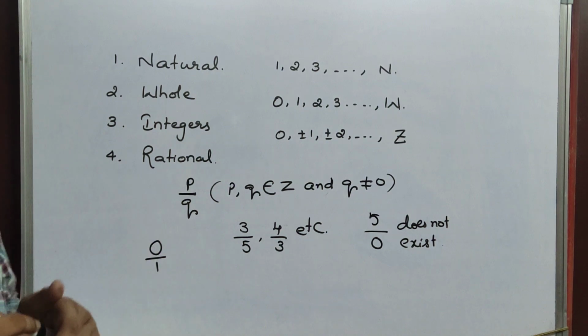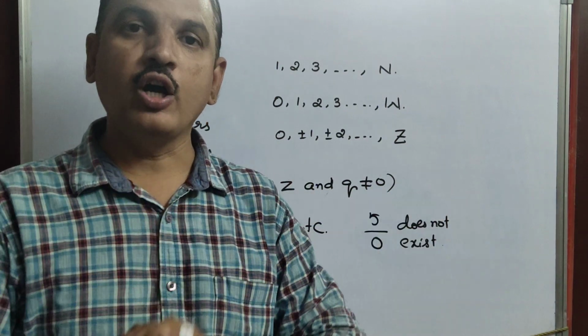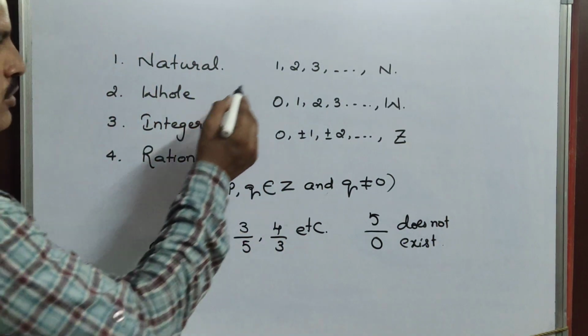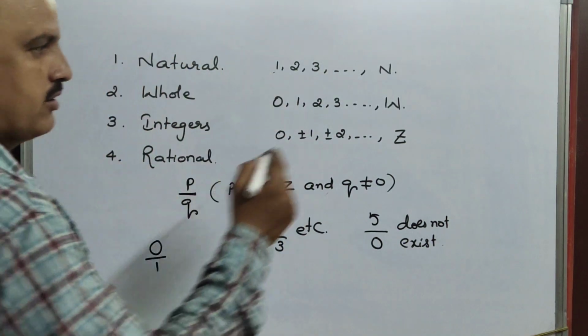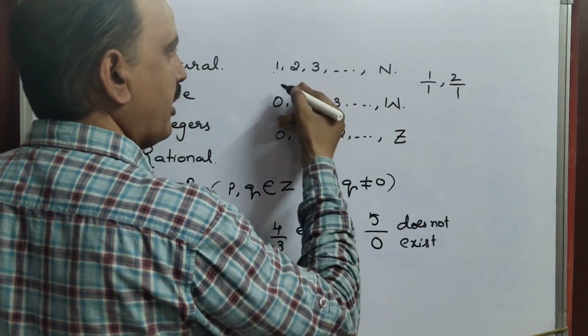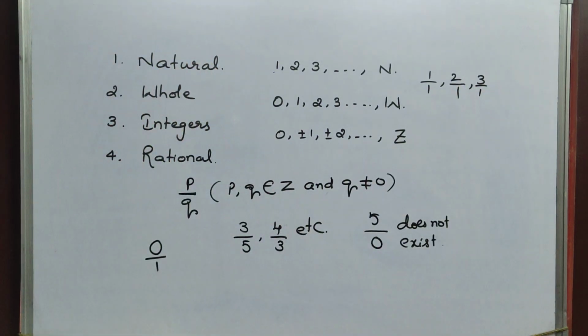That means natural numbers, whole numbers, integers all come under rational numbers. Why? Because suppose 1 is there in natural numbers, you can write 1 by 1, 2 by 1, 3 by 1, etc.